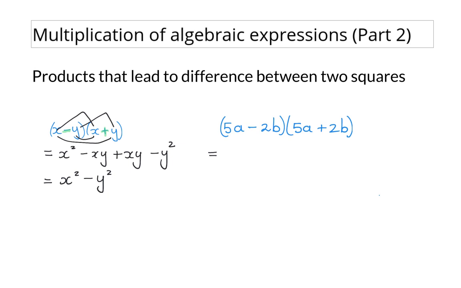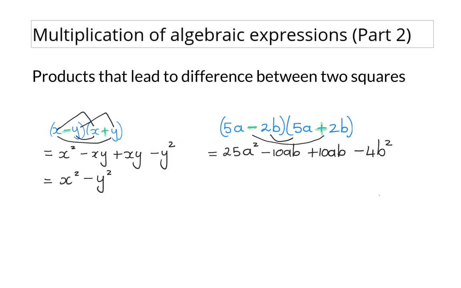Let's do a second example. 5a times 5a is 25a squared, and the two middle terms are minus 10ab and plus 10ab, and the last term is minus 4b squared.